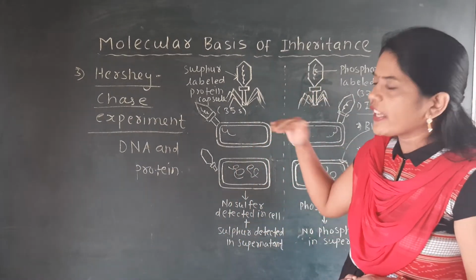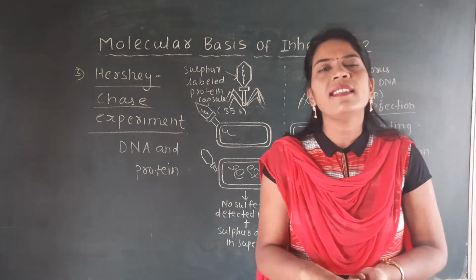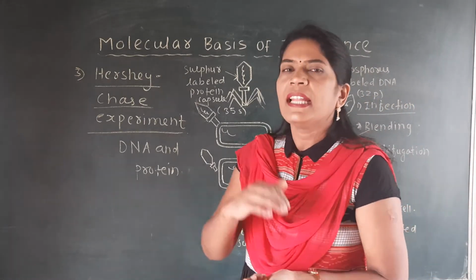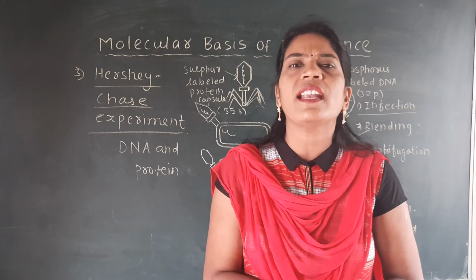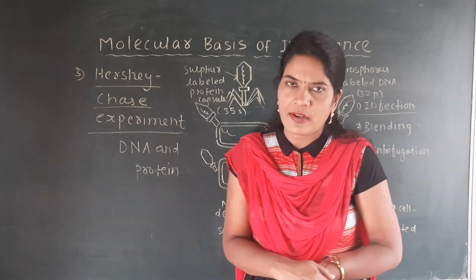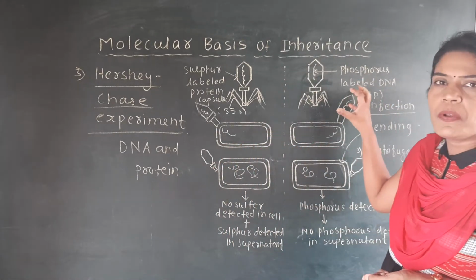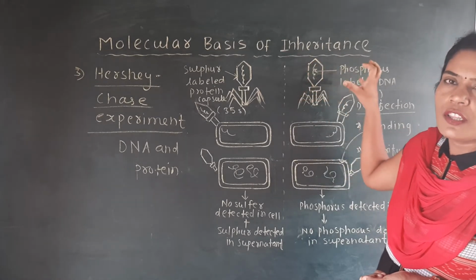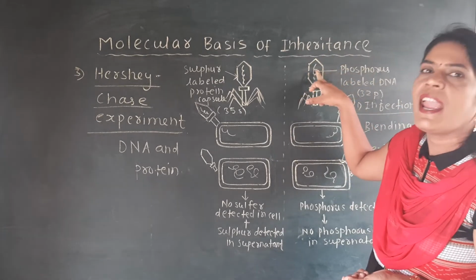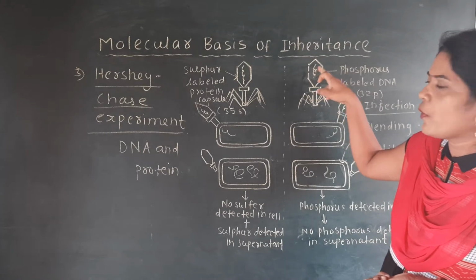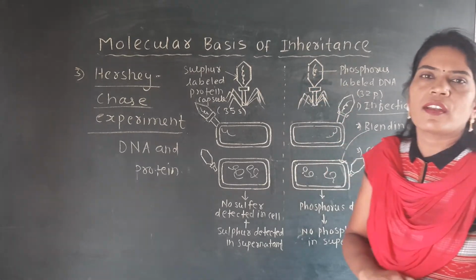And thus this experiment proved that viruses have one important property, that they always inject their genetic material, DNA, into the bacterial cell. So as phosphorus is a component of DNA, all the phosphorus goes into this DNA, and along with DNA that phosphorus enters into the bacterial body.